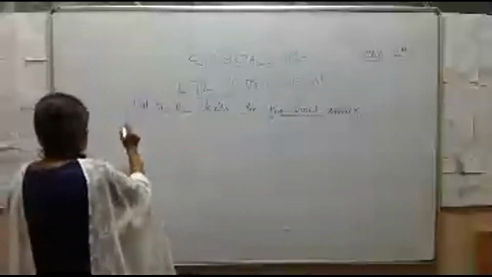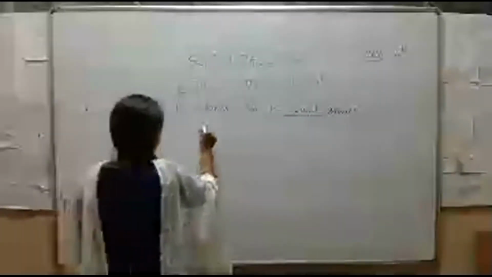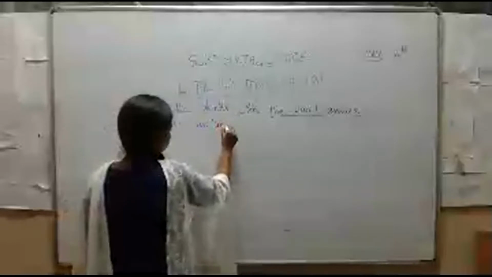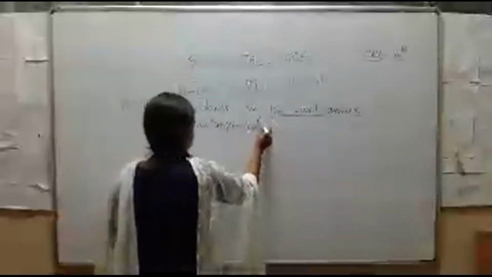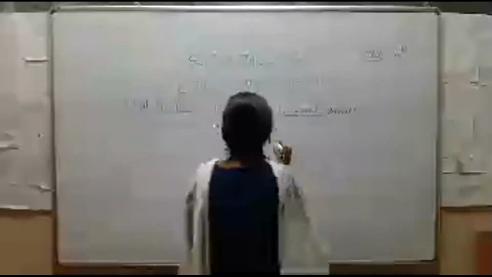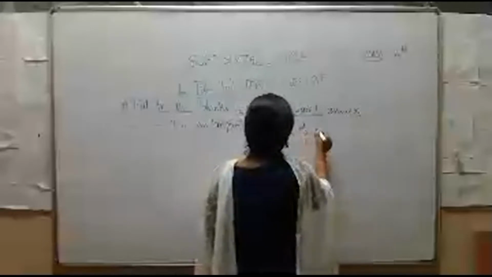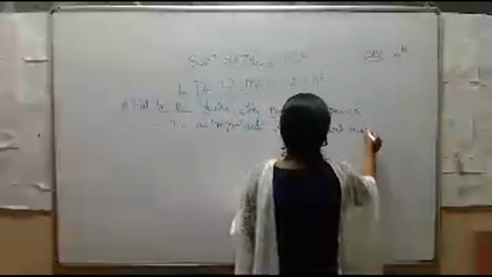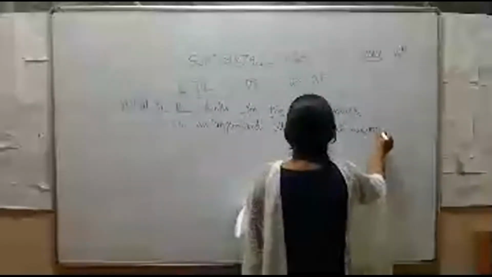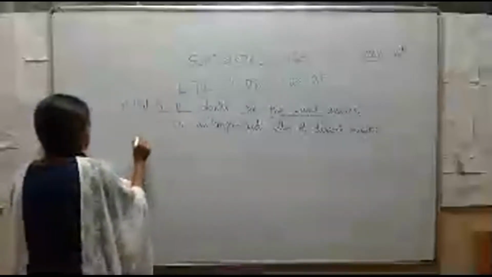The fourth one: dash is an important city of the desert region in Rajasthan.